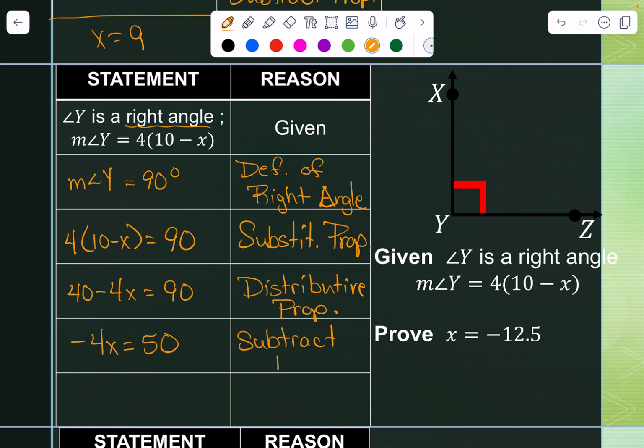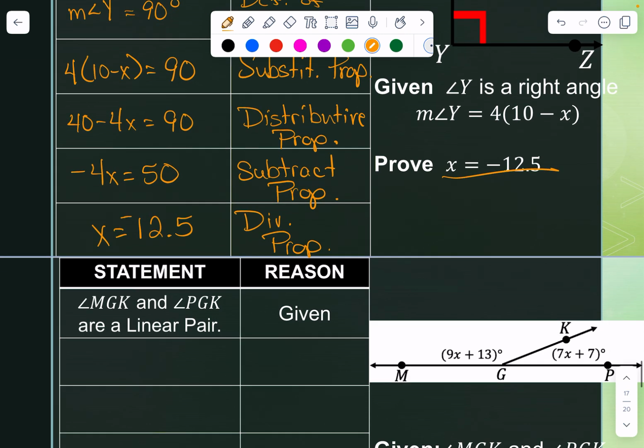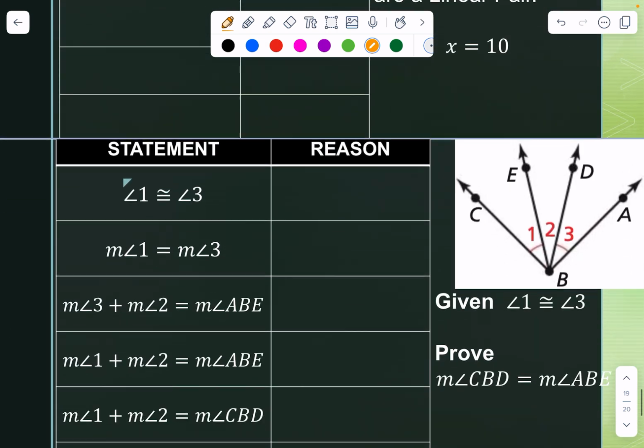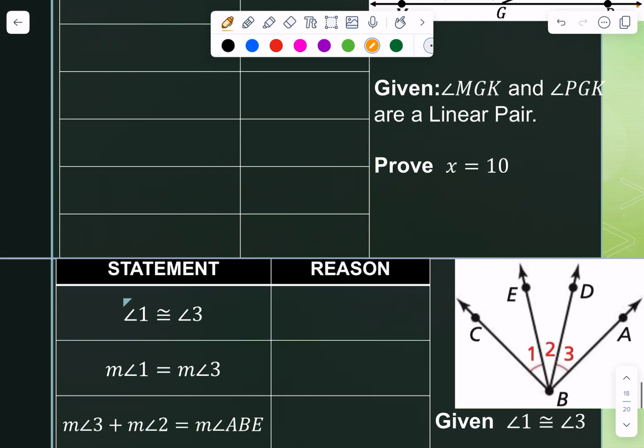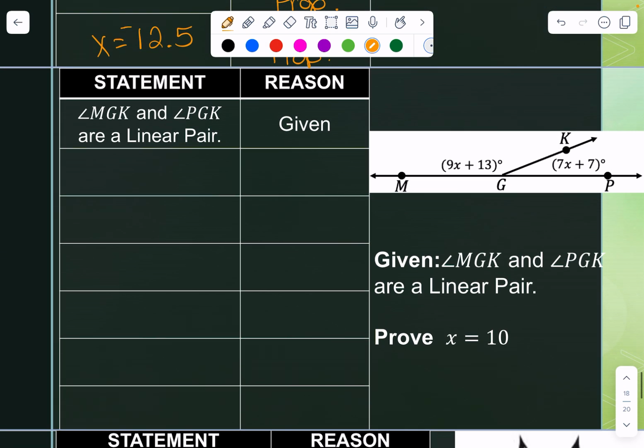Then at that point, I would subtract my 4x. That is our subtraction property. And then I'm going to do my division. And that's going to get us negative 12.5. And that is our division property. And we double check. That's what I wanted to prove. So we are all good there.